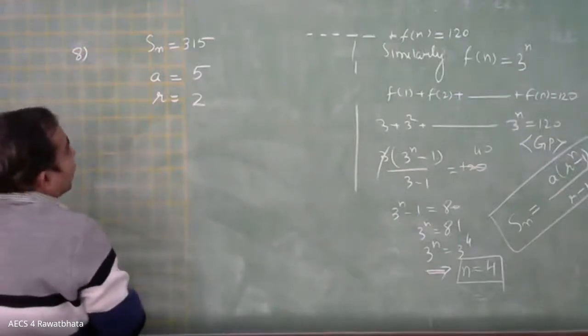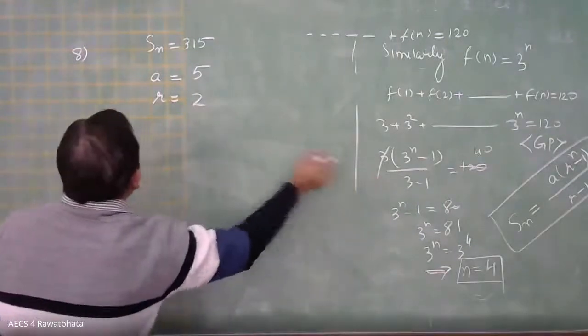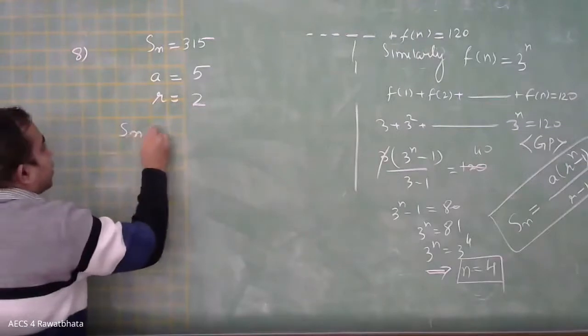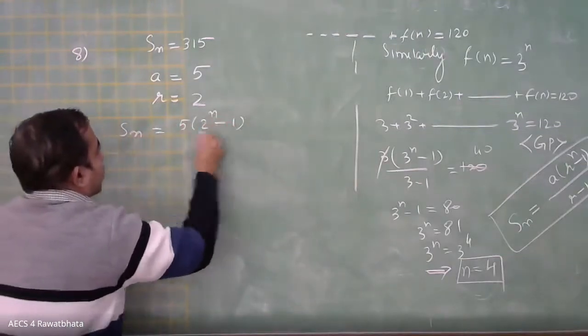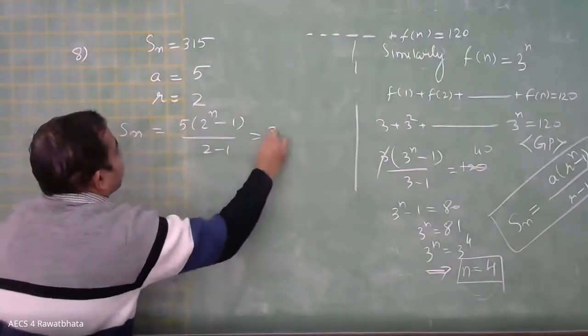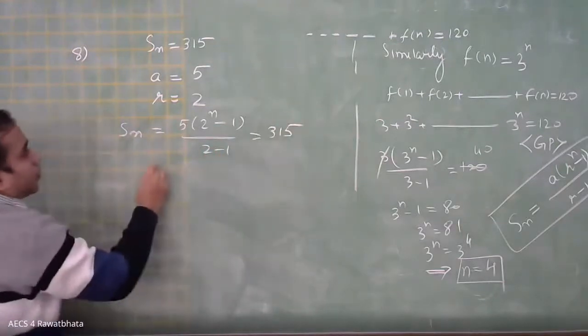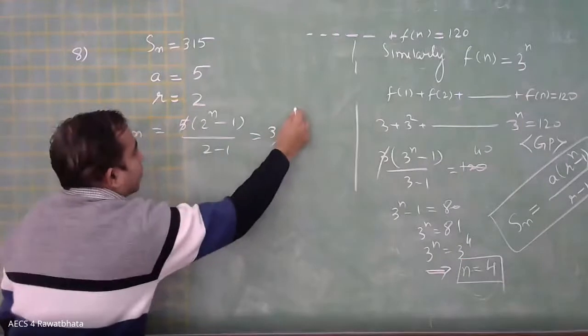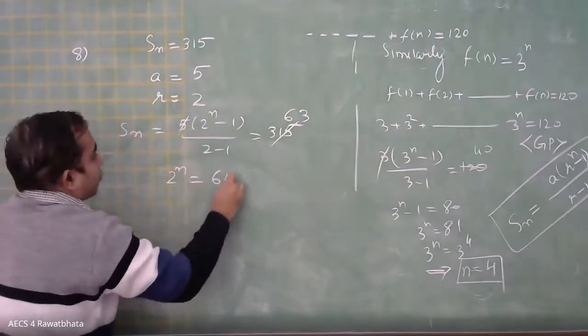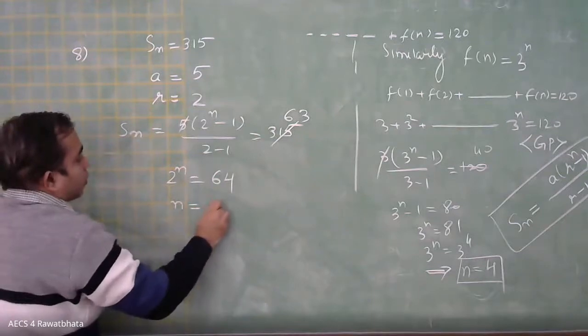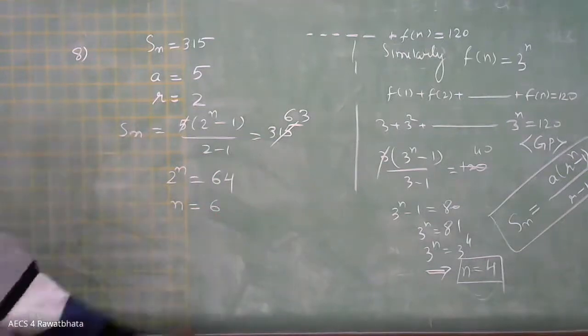To find n, let us take the help of the Sn formula. Sn, which is A into r raised to power n minus 1 upon r minus 1, is equal to 315. So simplify. 2 raised to power n is equal to 64. N is equal to how much? 6. N equals 6.